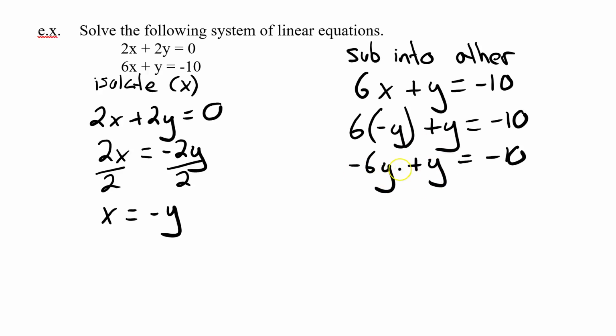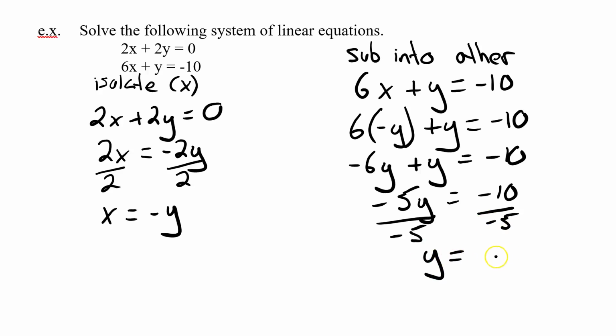I'm going to combine my y's. Negative 6 plus 1 is negative 5y equals negative 10. I'm going to isolate my y, so I divide by negative 5. My y equals positive 2.